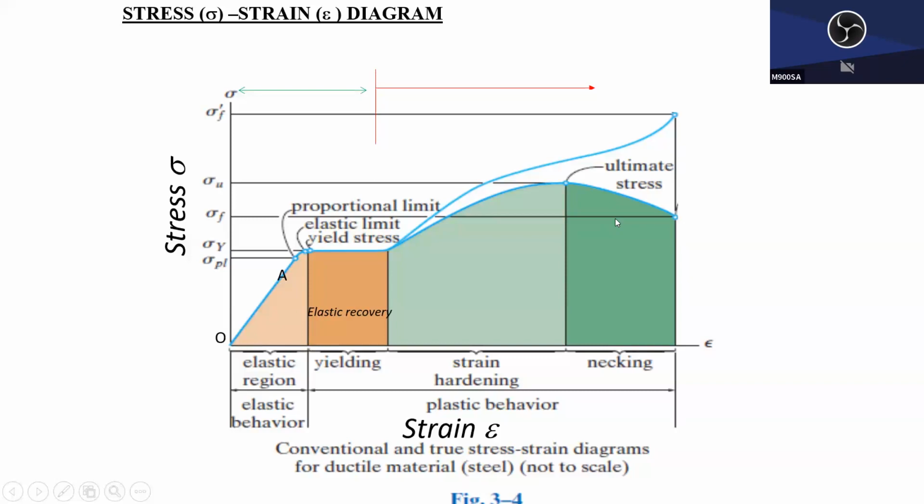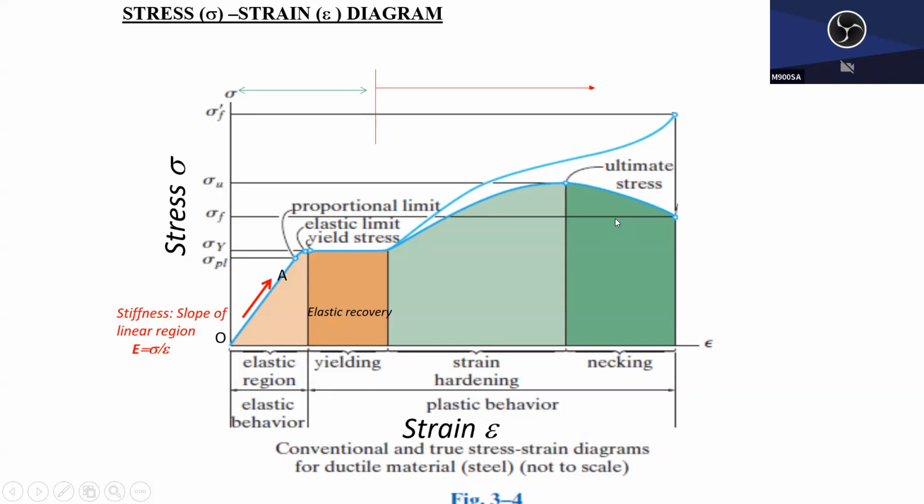After that, you get yielding, permanent deformation. Then after that will be plastic too. Actually, this part is already plastic. But the whole purpose of doing this is that usually we would like to look at this part. Unless you're interested in failure analysis or something, most of us are only focusing on this part.